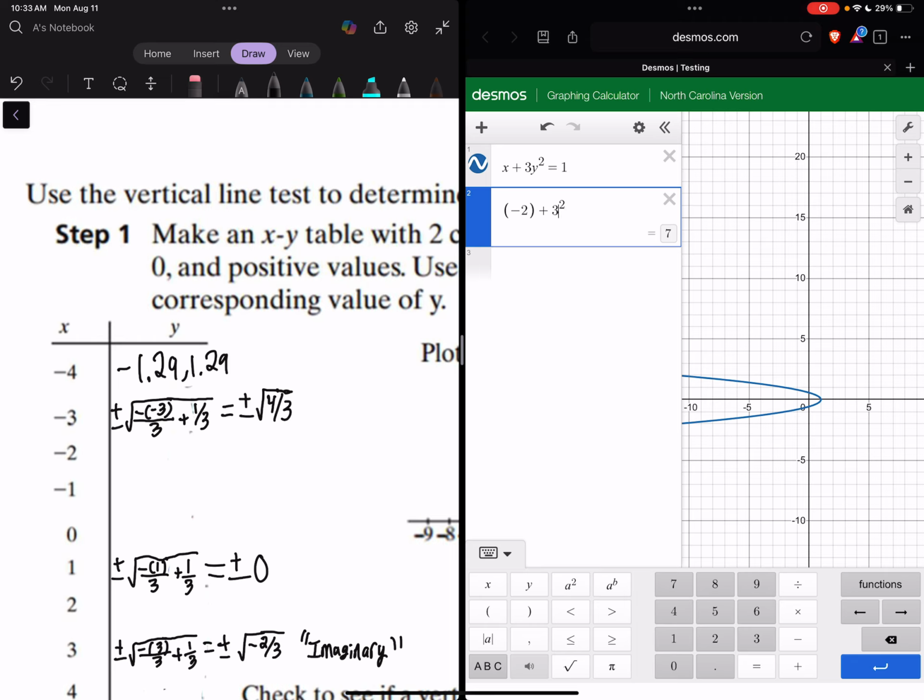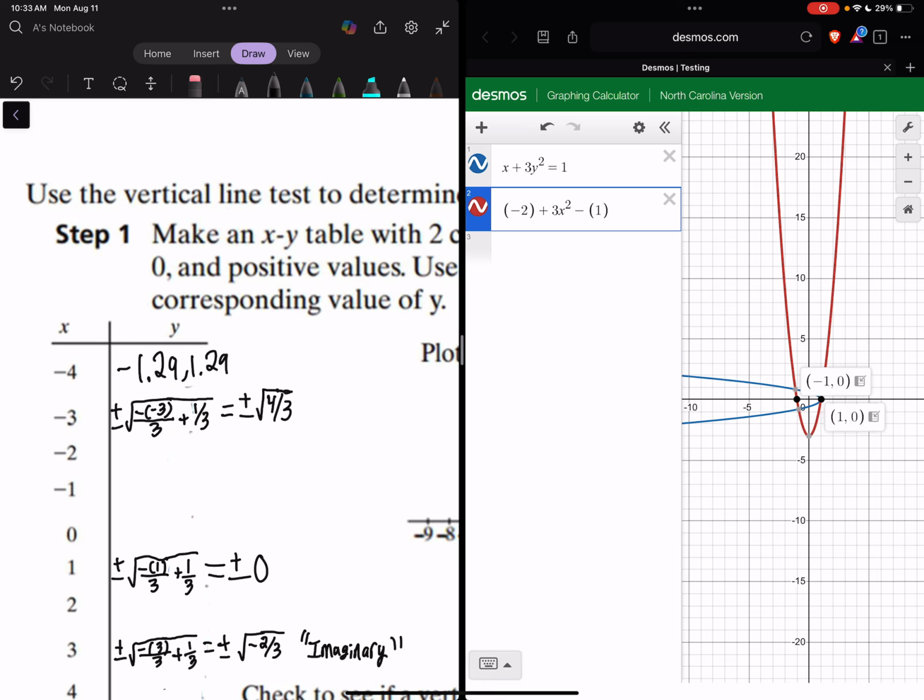Typing on an iPad is not as easy as it is on a computer. Equals 1. Again, instead of equal, put minus parenthesis. I'm trying to hammer that into your head because you can use this all year to solve for a value. Negative 1 and 1.